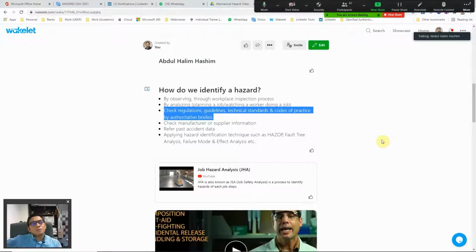So together in the box, you can always find an operator manual, a leaflet, a document that tells the user about how to use it, what is the technical specification, and within that operating manual will also include the safety aspect lah.